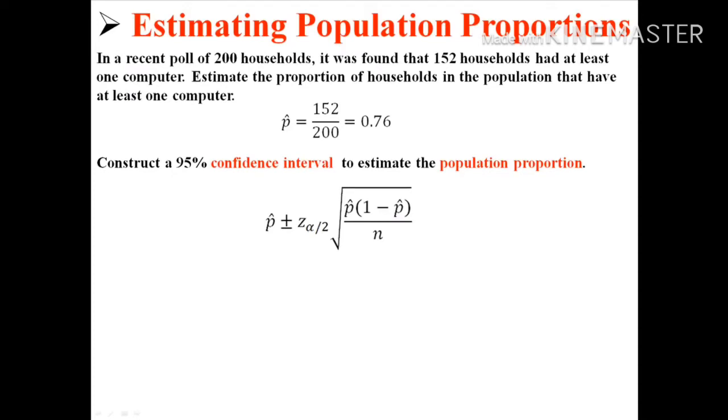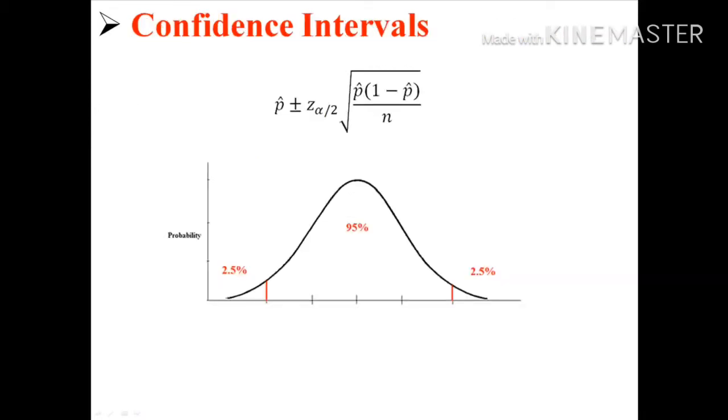It's still just a point estimate plus or minus a certain margin of error. So here's our equation, and remember we want to calculate a 95% confidence interval. That means we have the 95% in the middle and the 5% left over that's split into the two tails. What's left over, we're going to refer to as alpha.